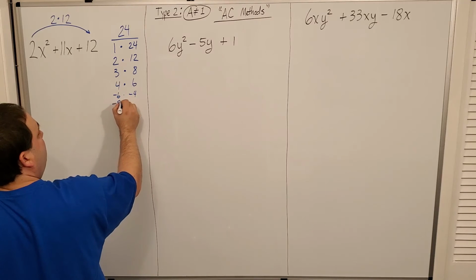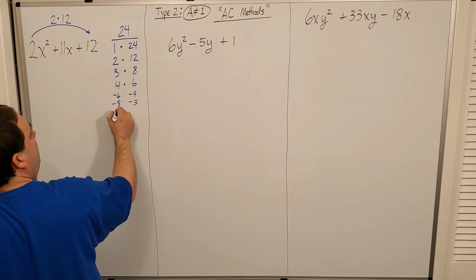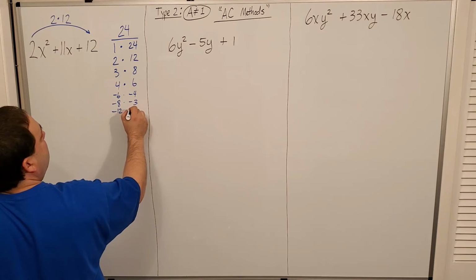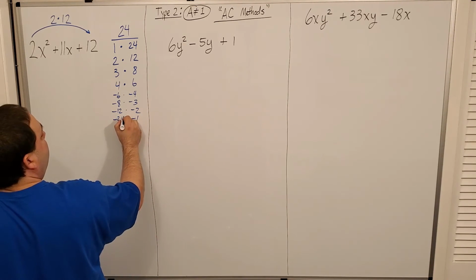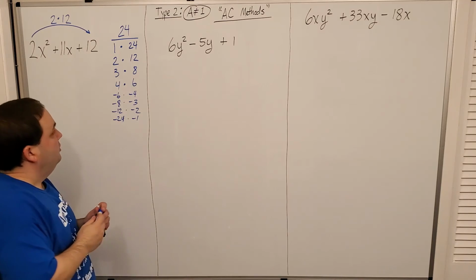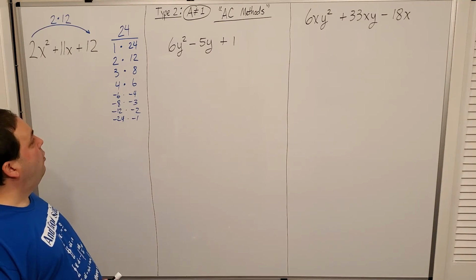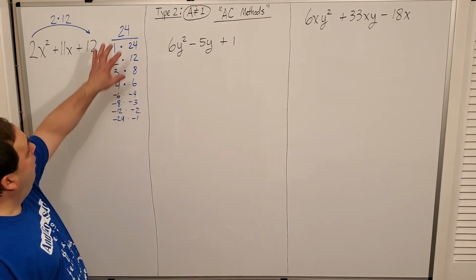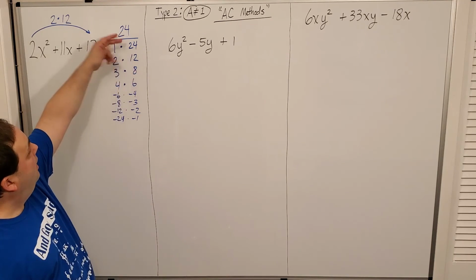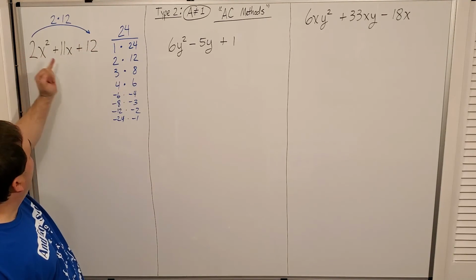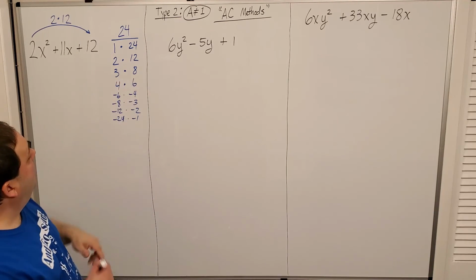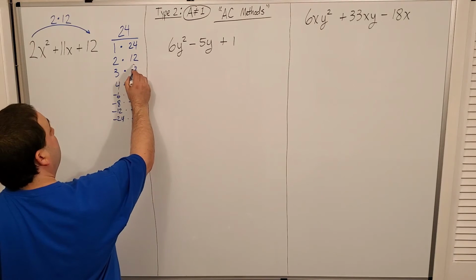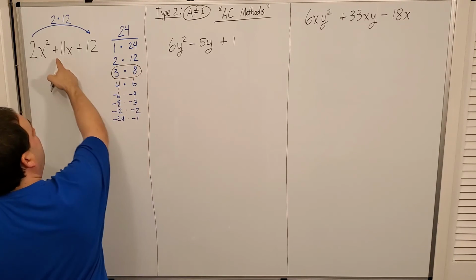Okay, so then that would be negative 8 times negative 3, negative 12 times negative 2, and negative 24 times negative 1. Okay? So same method there as before, and same idea. I want to find 2 numbers that multiply to 24 that also add to 11. So that's going to be the 3 times 8 right here, because these add to positive 11.